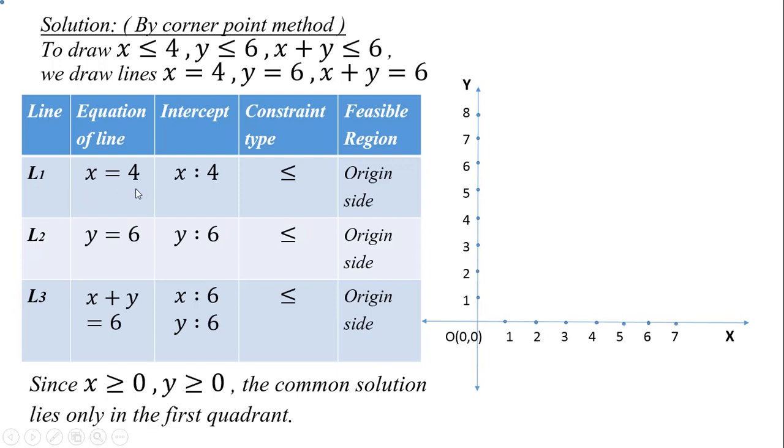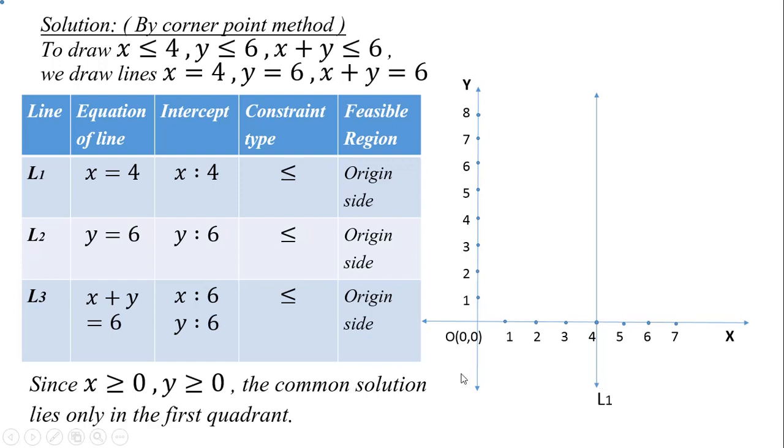We know that this line is parallel to y-axis, and the points are such that x coordinates of all the points are 4. We can take any number as a y coordinate. So we take here 4, 0 this point. Then we can take 4, 1 this point, 4, 2, 4, 3, 4, 5, and so on. And we draw this line which is x is equal to 4.